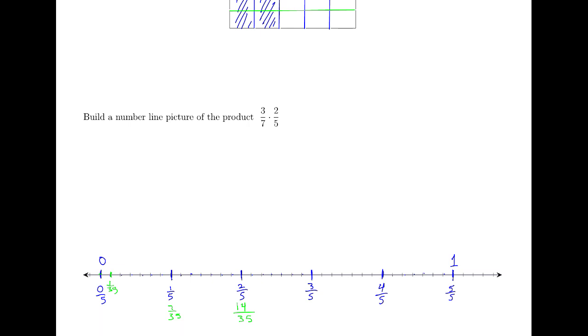So if I want to divide the 2/5 into 7 equal pieces, I would go 2/35 at a time. So there's 1, 2, 3, 4, 5, 6, 7 equal pieces, and here is 1, 2, 3/7 of 2/5, and I could see each of these is 1/35, so 2, 4, 6/35.